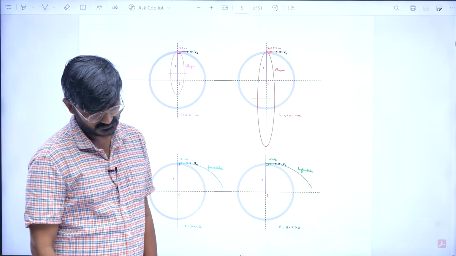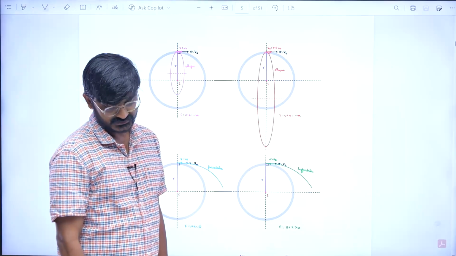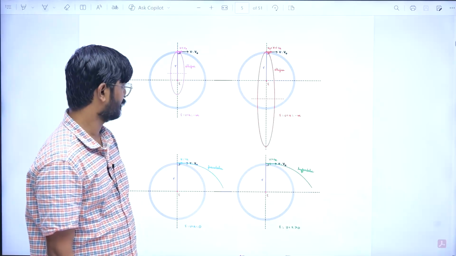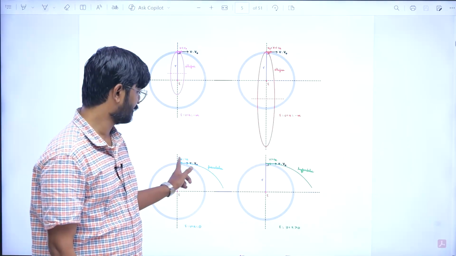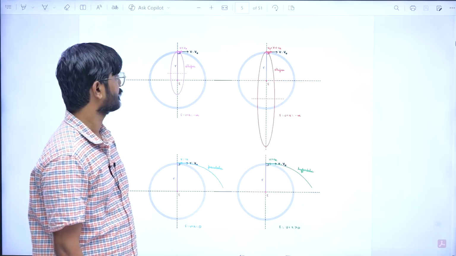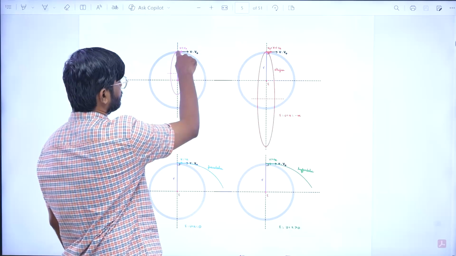So for P it is going to be 4, and for Q where it is escape velocity, it is going to be a parabolic path, and the distance will keep on increasing. So 4 and 3.